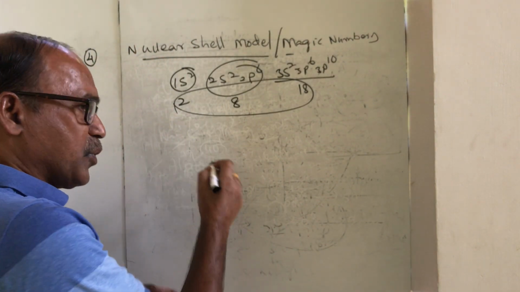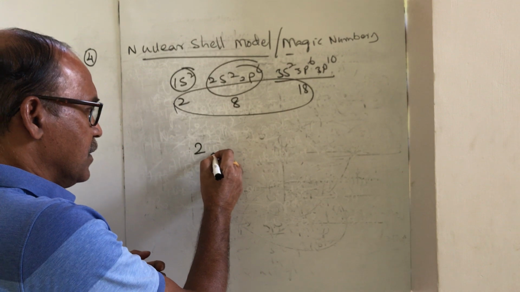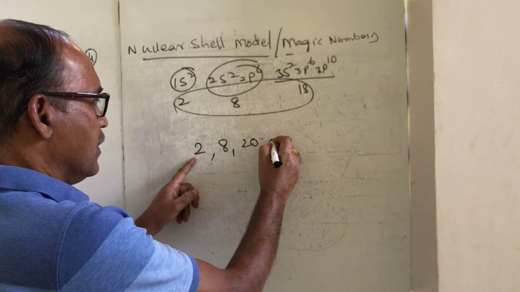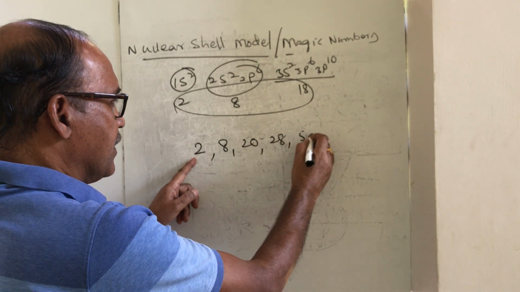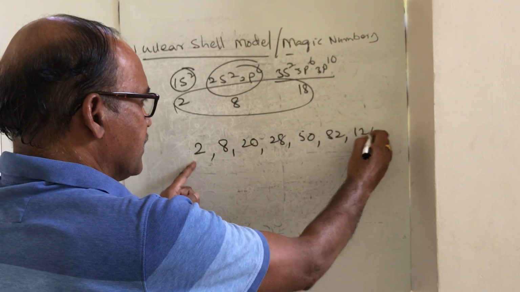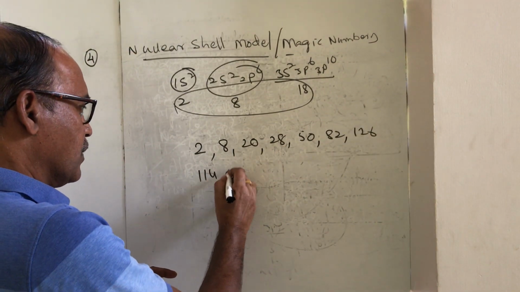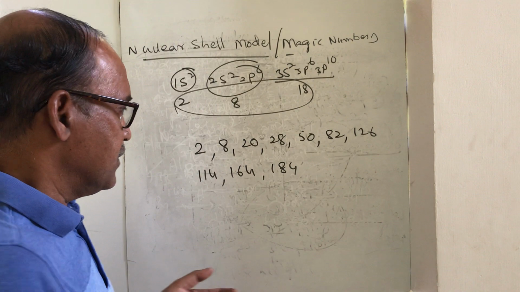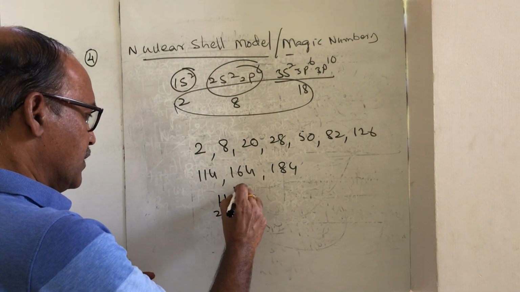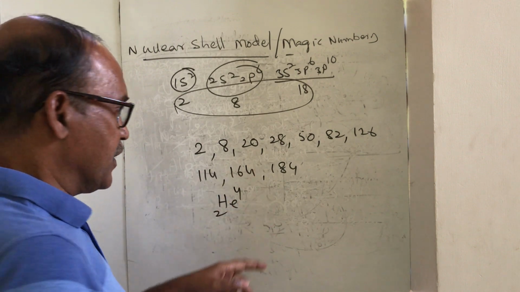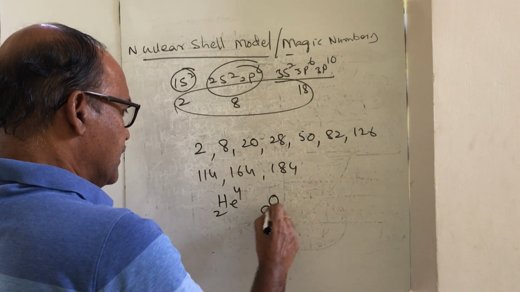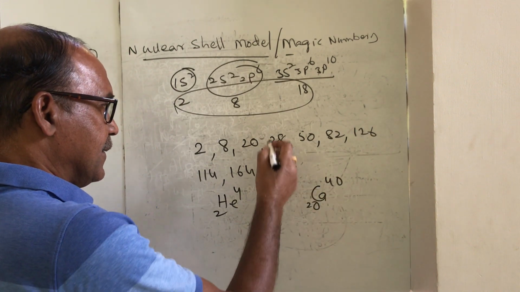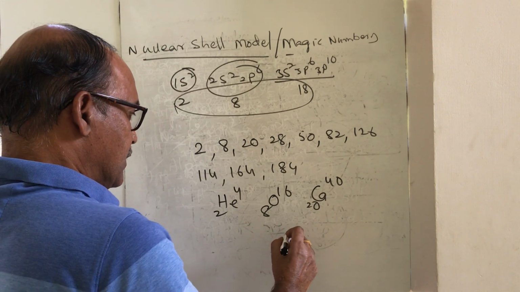And those are the proton or neutron numbers 2, 8, 20, 28, 50, 82, 126, recently 114, 164, 184, which correspond to the magic numbers. Say for example, this nucleus is stable with either proton or neutron number magic: oxygen with 8 and 16 proton and neutron number, calcium with 20 and 40, and 28.